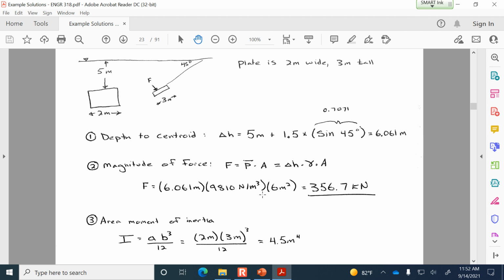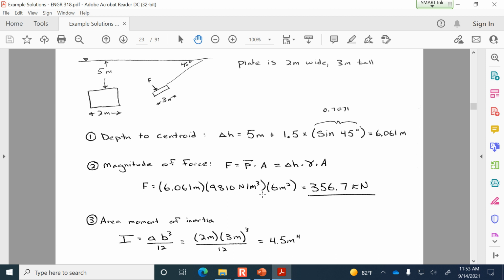Part two of this example said, find the magnitude of the force. The force magnitude, F, is P bar times area, which is the same as delta H times gamma times the area. So 6.061 meters multiplied by the unit weight of water.